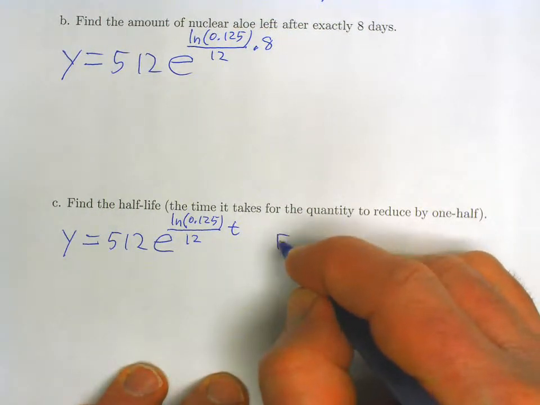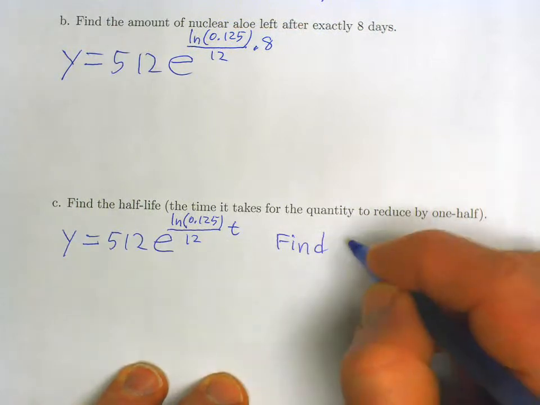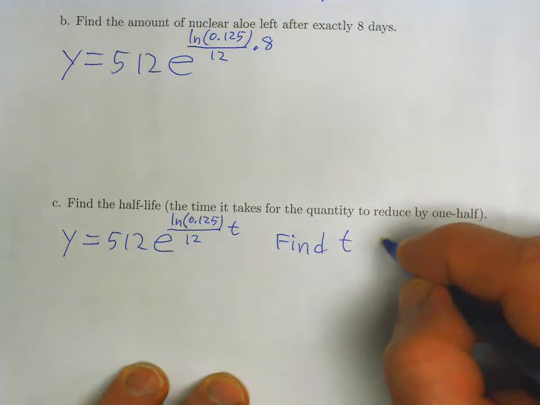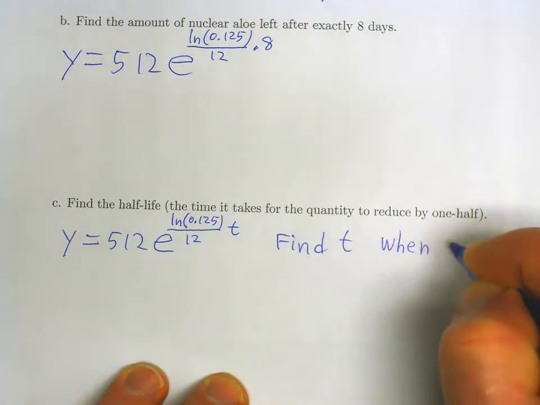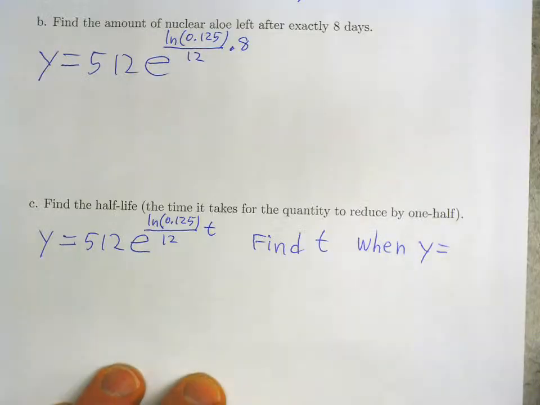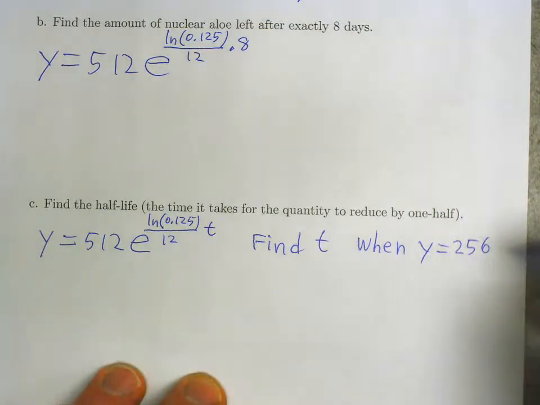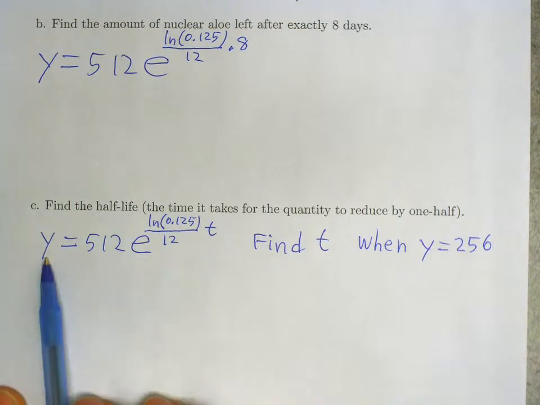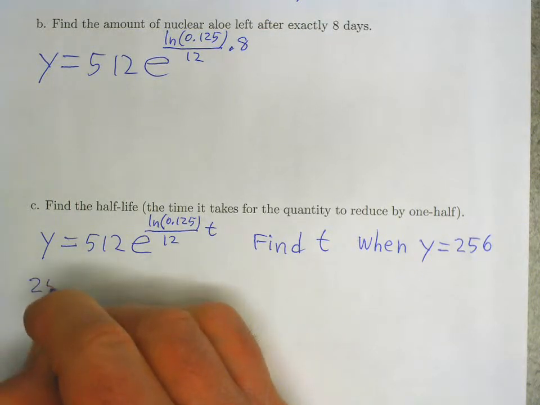So we want to find the half-life. That means find the value of t measured in days when y is equal to 256 pounds, which is 1/2 the initial quantity. Okay, so replace y with 256.